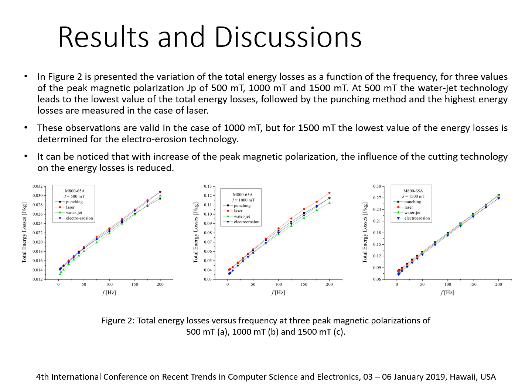These observations are valid also in the case of 1000 millitesla, but for 1500 millitesla, the lowest value of the energy losses is determined for the electroerosion technology. It can be noticed that with the increase of the peak magnetic polarization, the influence of the cutting technology on the energy losses is reduced.